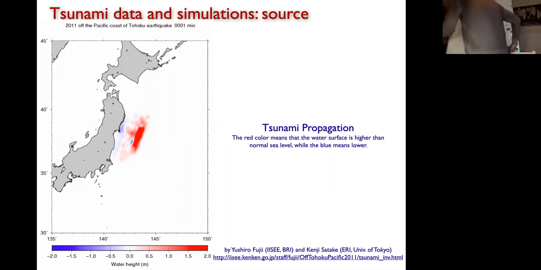Okay. One of the simplest expressions, but useful for tsunami velocity, is the square root of g, the gravity acceleration, times the height of the fluid.